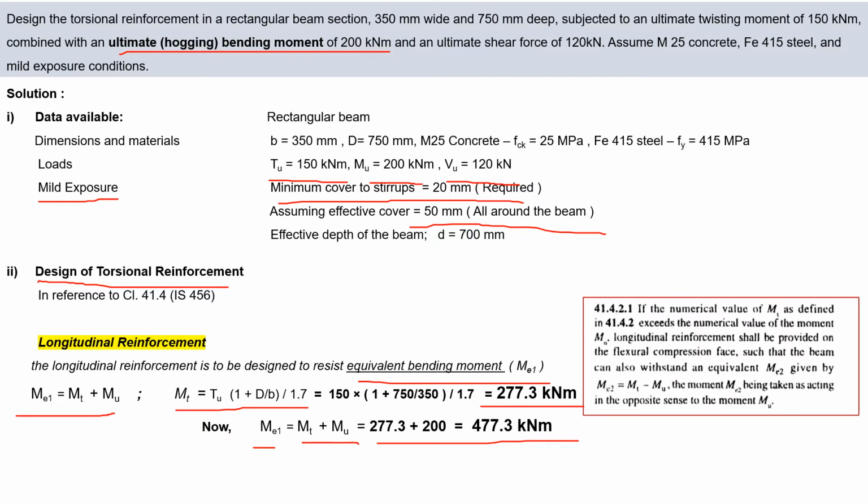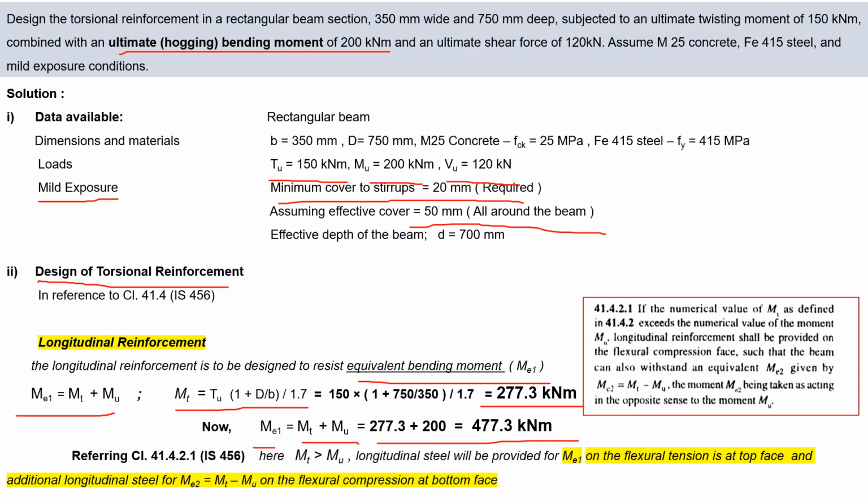So here we can refer to the guideline mentioned in clause number 41.4.2.1, which is relevant to this type of numerical problem. Referring to this clause, there is one condition: if Mt is greater than Mu, and in this case Mt is coming out to be 277 and Mu is 200, then this condition is valid here.